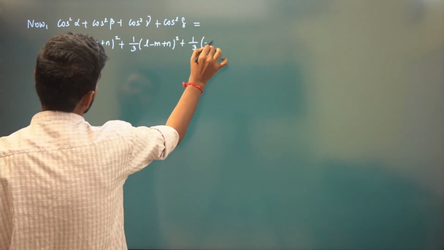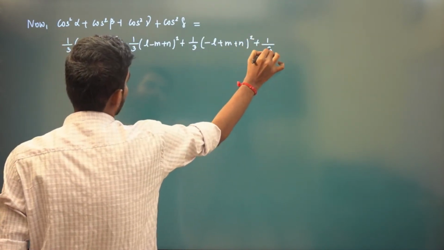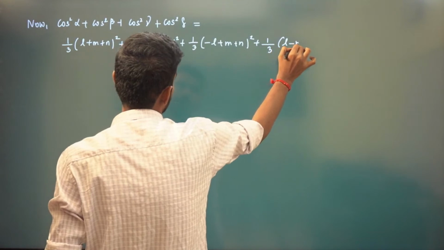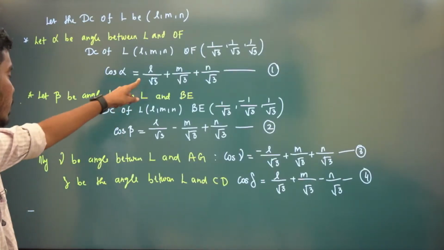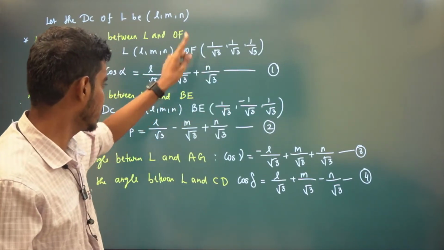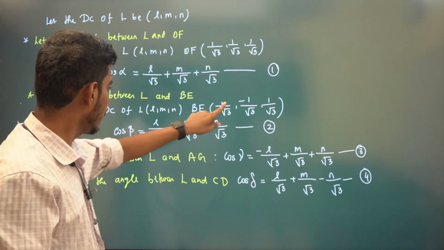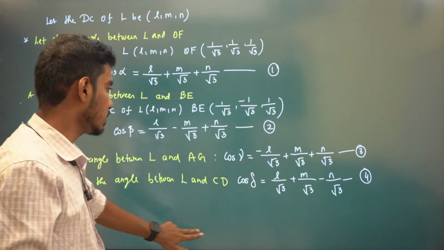And here you will have (minus L plus M plus N) whole square, and 1 by 3 (L plus M minus N) whole square. I'm just squaring up and adding, taking 1 by 3 outside.